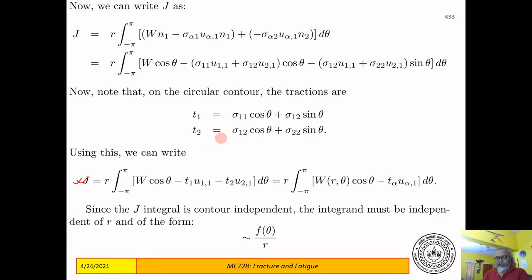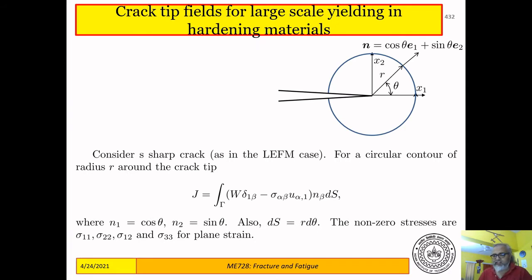It tells us that in the hardening case, in front of a sharp crack, just like we did in the Williams solution for the elastic case, the stresses in this region in front of the crack tip should go as 1 by r to the power 1 by n plus 1. Okay, so now how would the entire stress field at the crack tip look?